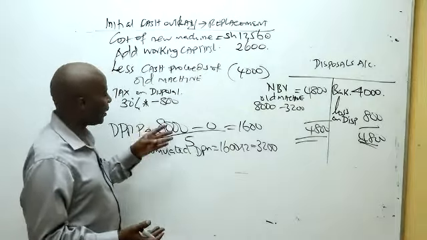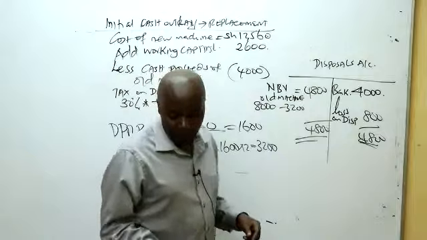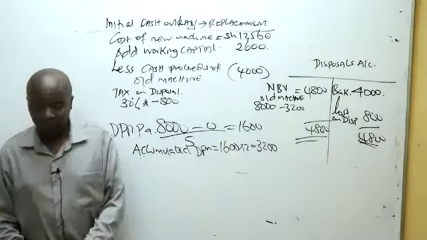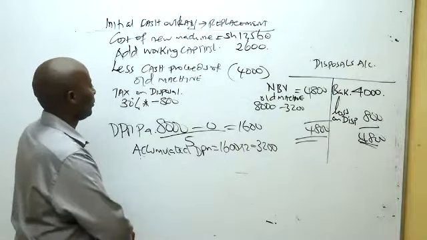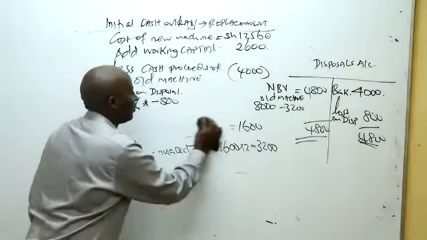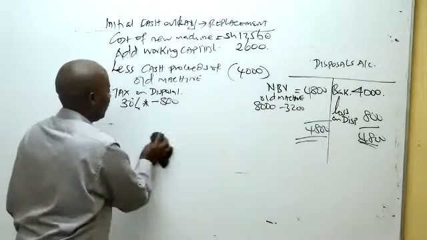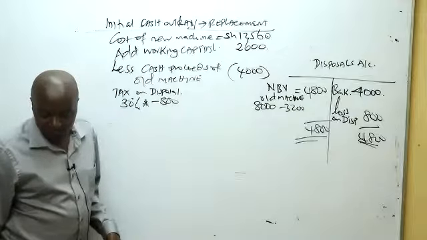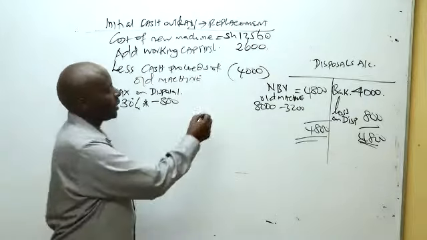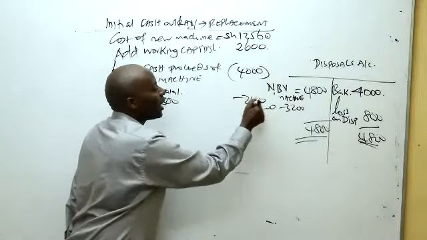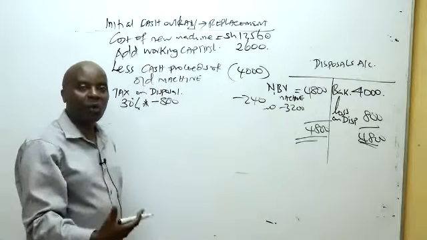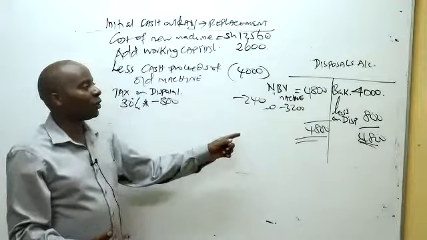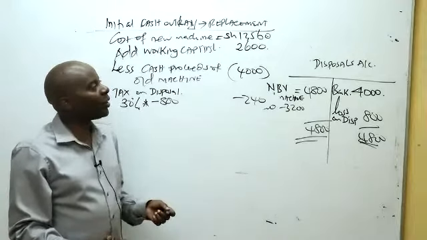So 30% of negative 800 gives us what figure? Negative 240. So it's an income to the company because we have made a loss. We shall claim a tax relief on that loss from KRA, and that is it.